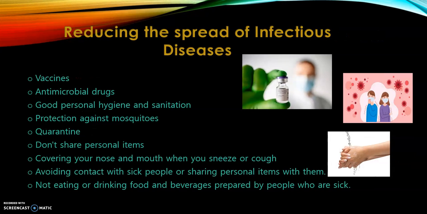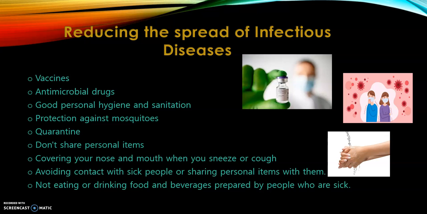Now the question comes, how to reduce the spread of infectious diseases? First, and very important, is vaccine. And second, antimicrobial drugs, good personal hygiene and sanitation, protection against mosquitoes or any bacteria, viruses, quarantine, not sharing personal items, and covering your nose and mouth when you sneeze or cough so that no one can get infected by us.